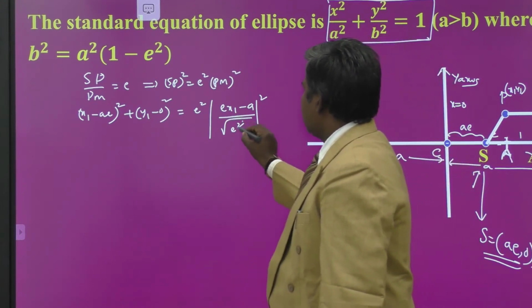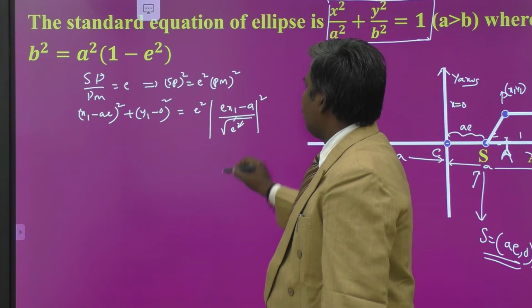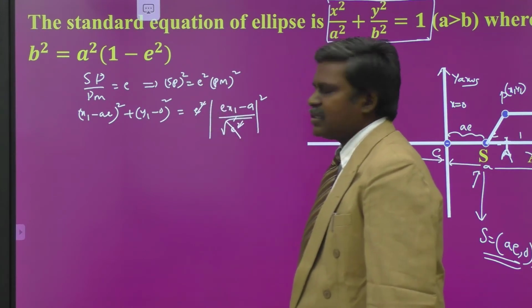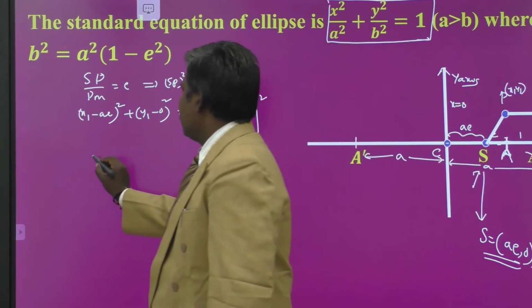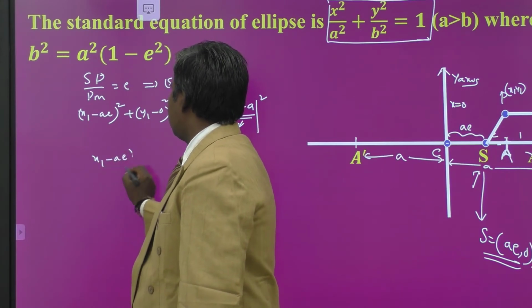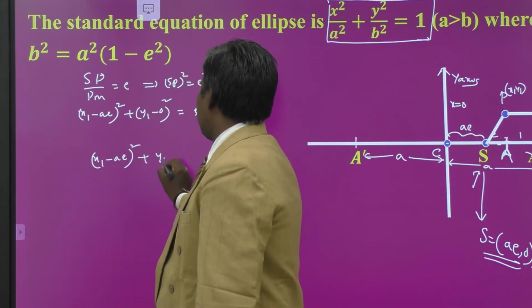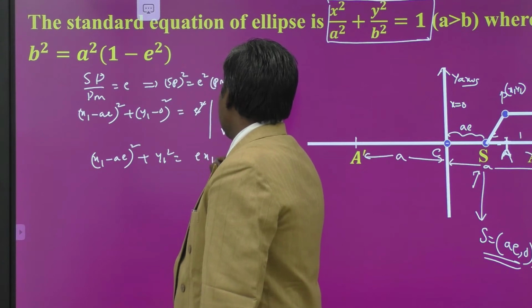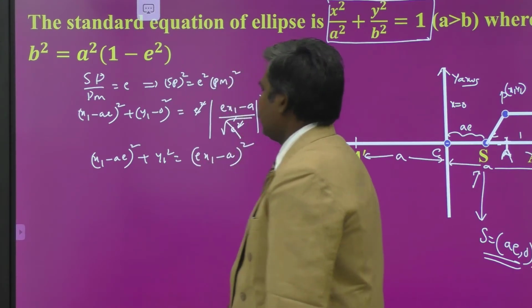See here, this is e, and e square and e square get cancelled. Therefore, x1 minus ae whole square plus y1 square is equal to ex1 minus a whole square.